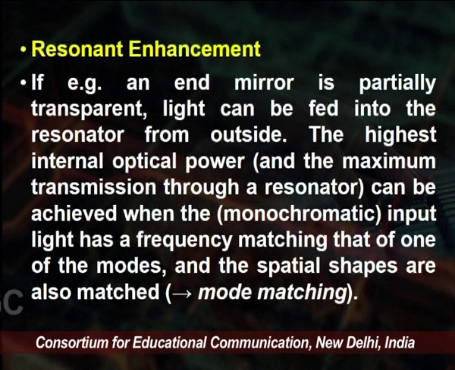The highest internal optical power can be achieved when the input light has a frequency matching that of one of the modes and the spatial shapes are matched. This is called mode matching, and the highest internal optical power means the maximum transmission through a resonator, as the light must be monochromatic. So if we want to enhance, we just require the matching.